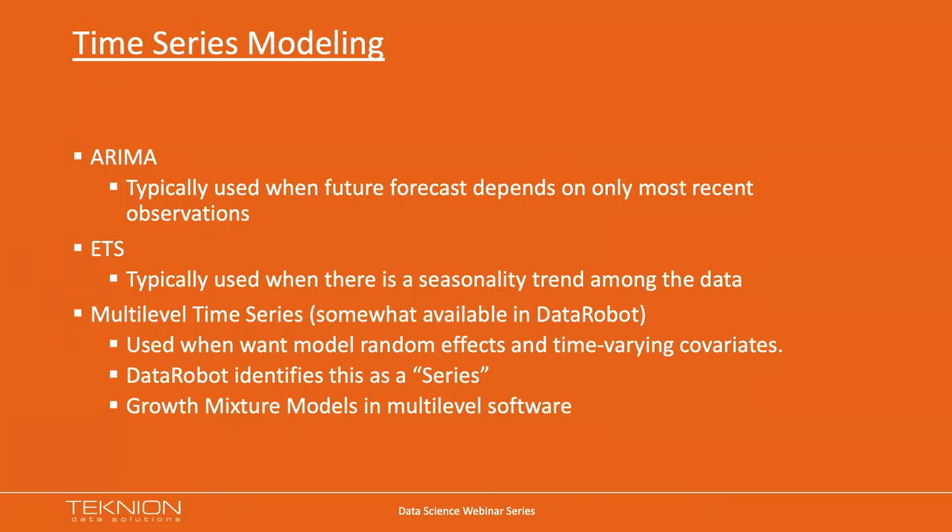You want to model what we call random effects, and then add in what are called time varying covariates, meaning that as we go across time, the predictors change, and they also change somewhat in relation to whatever your outcome variable is. DataRobot calls this a series, but in multi-level structures we typically think of this as something called growth mixture. It's really hard to do. If you haven't done this before and you're not familiar with it, we'd love to talk with you more about this. It's very difficult.